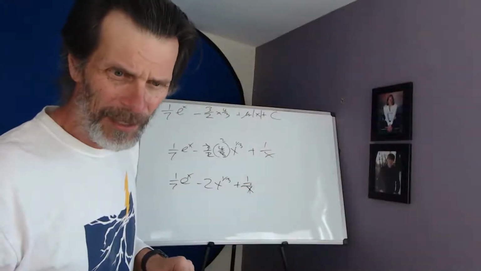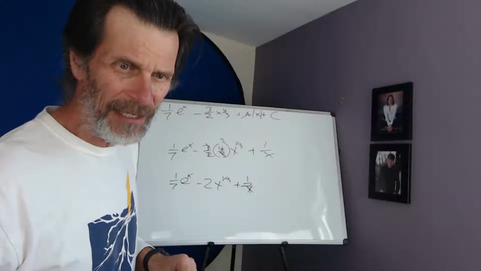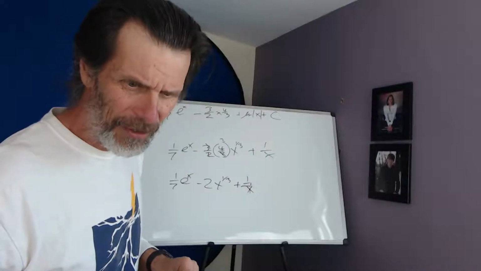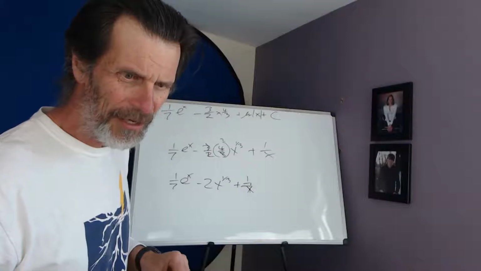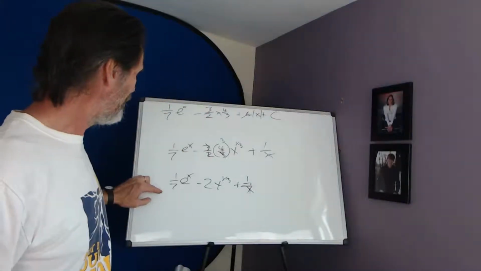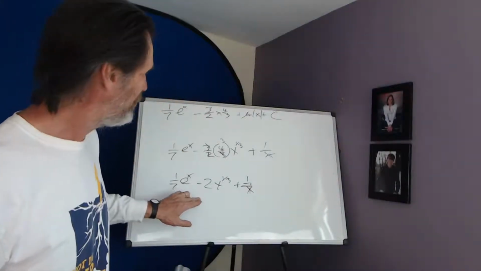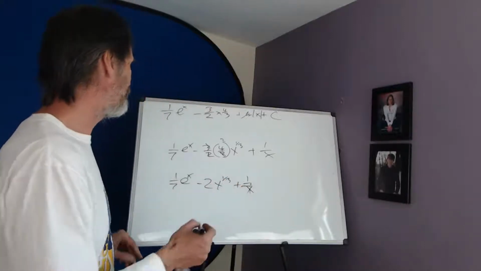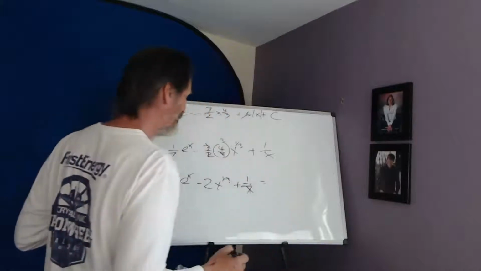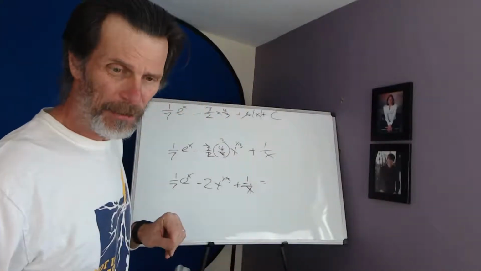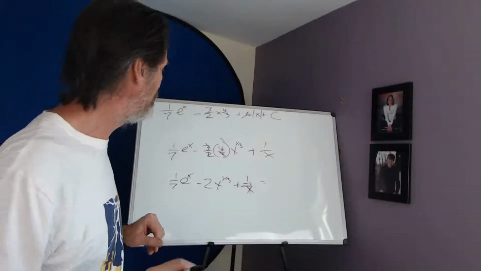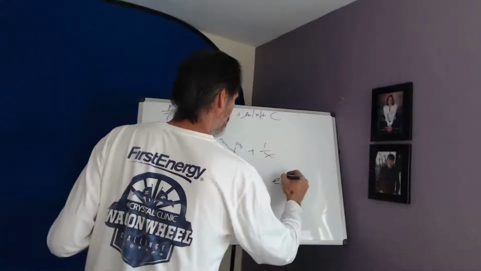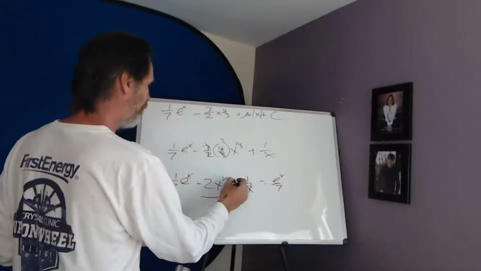So I'm going to go back to my activity video guide and see if that's where that started. Yep, e to the x over 7, good enough. Minus 2 cube root of x, yep. X to the minus 1, sure. So if I want to line this up exactly with how this problem started, I certainly could do that. E to the x over 7, sure enough.